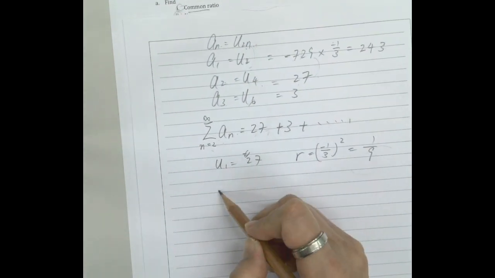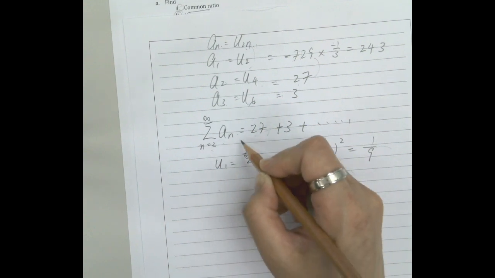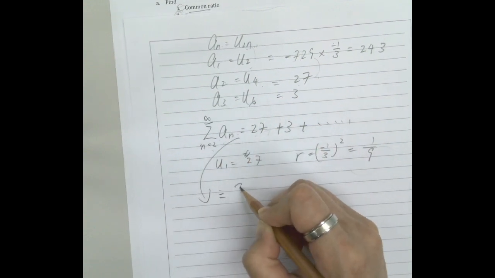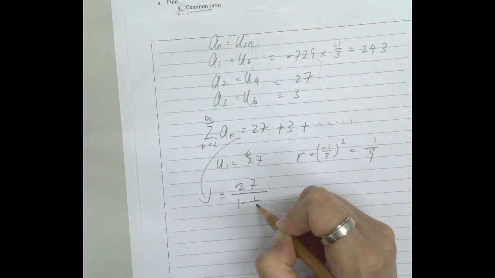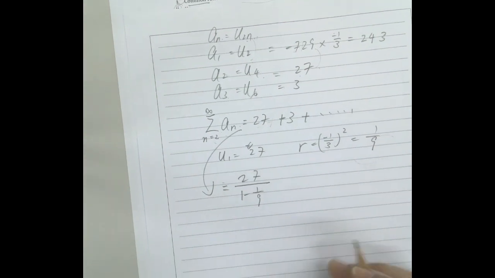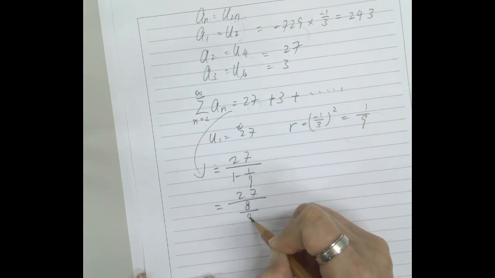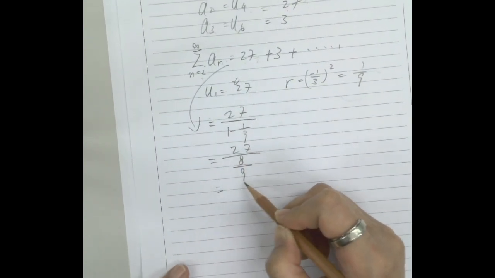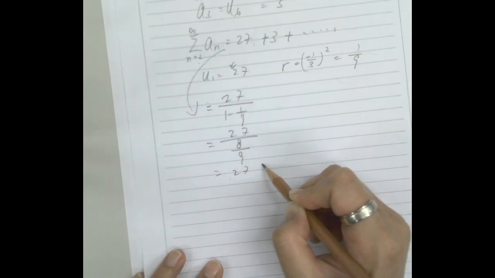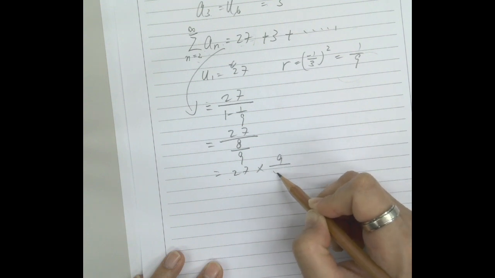So that will give us 27 over 1 minus 1 over 9. A bit of a pain there. So we have 27 over 8 over 9. Dividing means flip, so I have 27 times 9 over 8.